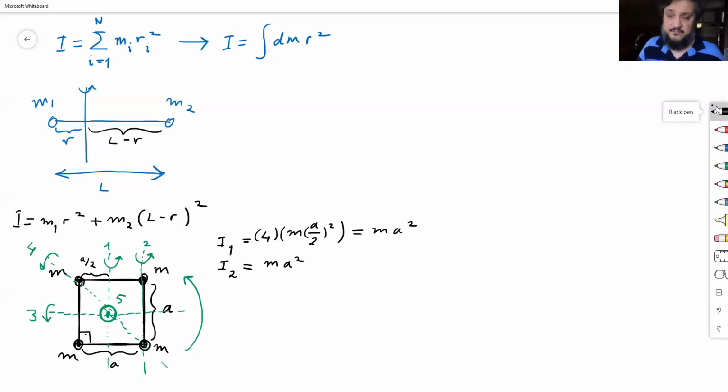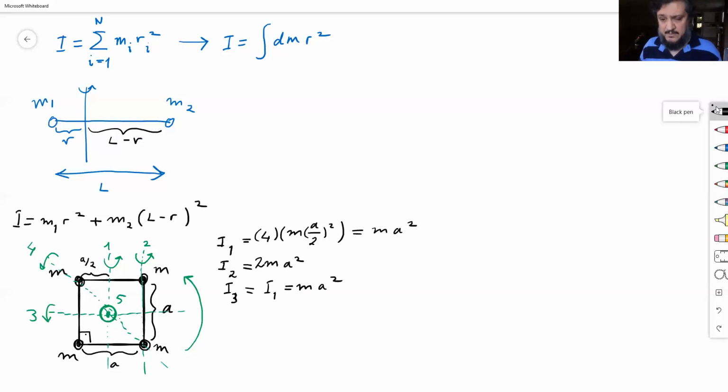So there are 2 of them, 2 m a squared. What about I3? Now 3 is horizontal, but if you think about it, it's not different from axis 1 due to symmetry. So the answer is the same as I1: 4 masses each contribute m a squared over 4, so the answer is m a squared.